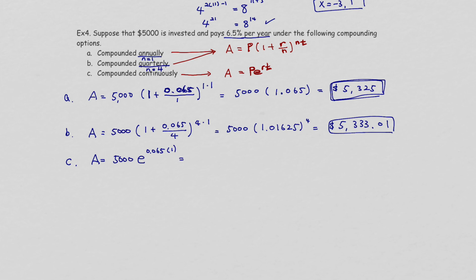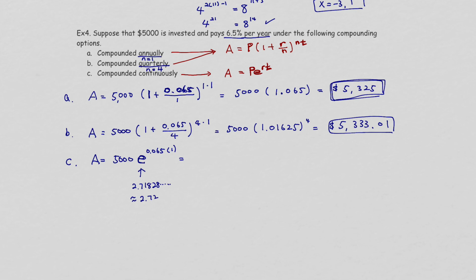This will give you, because e is Euler's value, 2.71828..., right? When you do have this value on your calculator, you can use it. Otherwise, maybe you can use 2.72 as the rounded number, right? If you don't have e on your calculator, use 2.72 maybe, right?